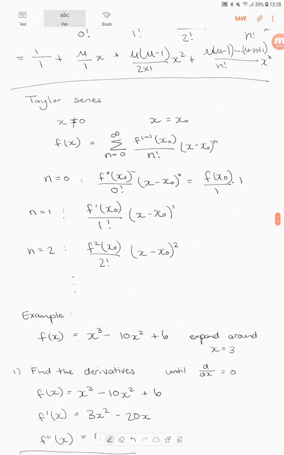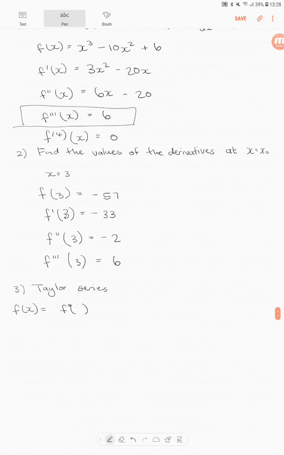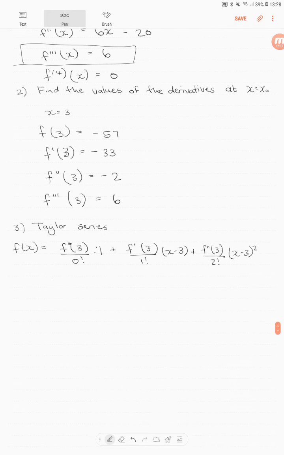So remember, it's f at x0, so it's f at 3 over 0 factorial times 1, plus f prime at 3 over 1 factorial times (x minus 3), plus f double prime at 3 over 2 factorial times (x minus 3) squared, plus our third derivative over 3 factorial times (x minus 3) cubed.